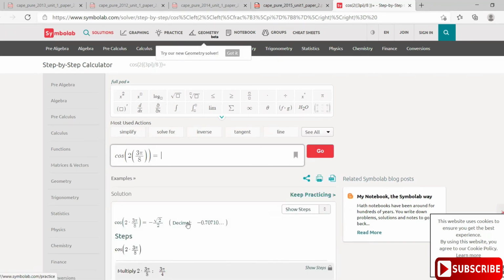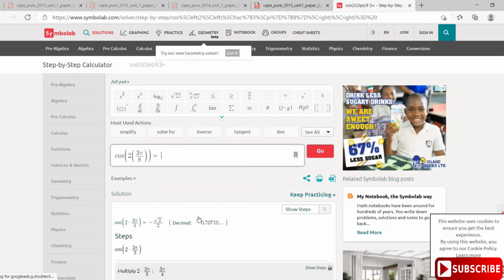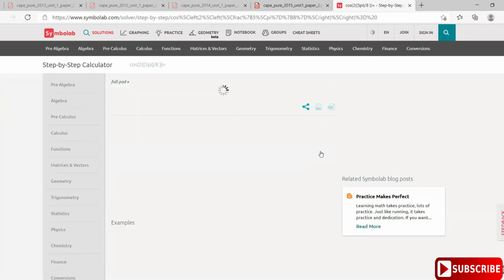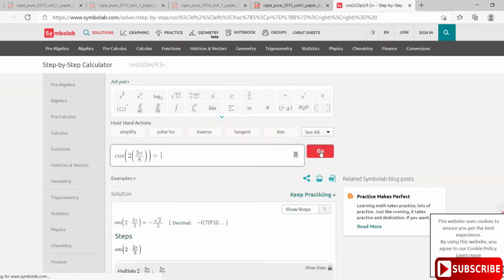There it is. We get negative root 2 over 2, which is negative 0.707, just like what we were getting. And if we were to use 5 pi by 8, 2 times 5 pi by 8, we get the exact same answer. There it is, verifying our answer. So we know we're correct.